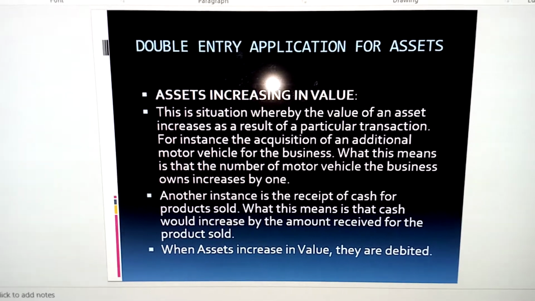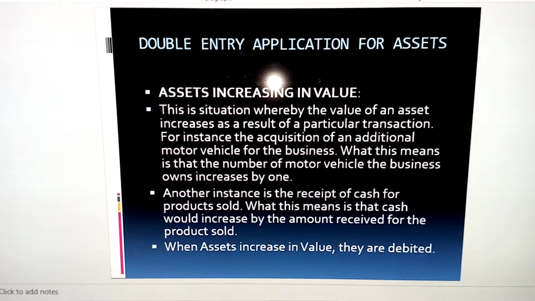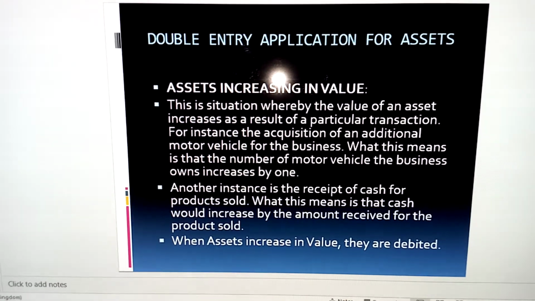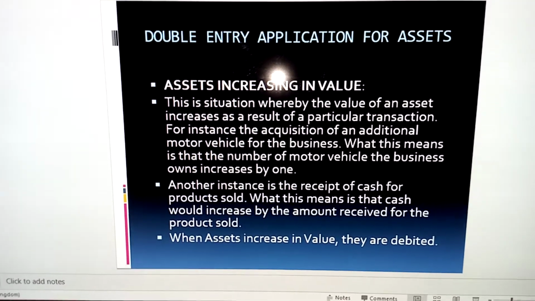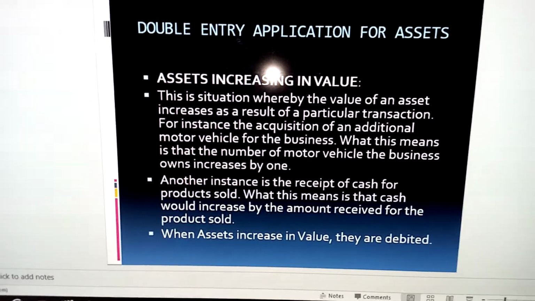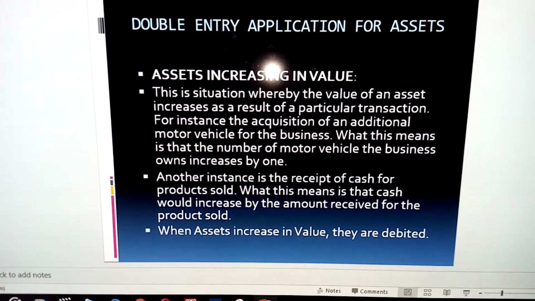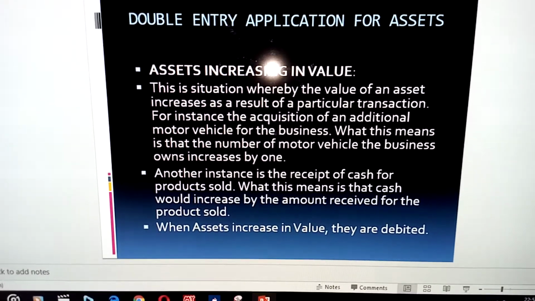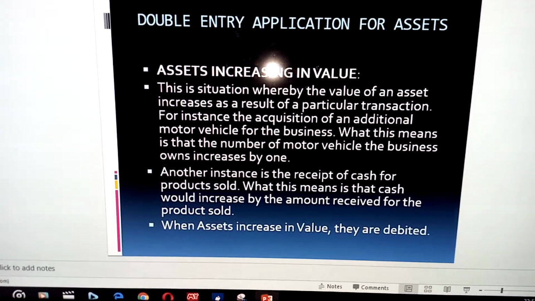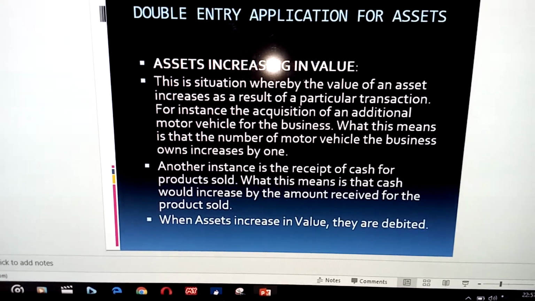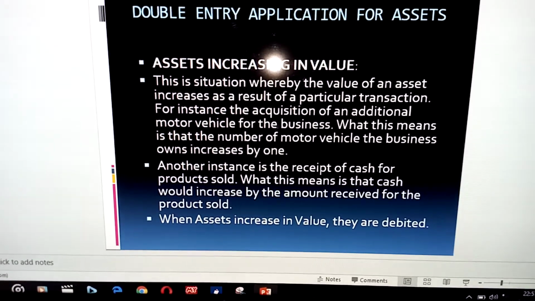is dependent on whether the asset is increasing or decreasing. Now, when we say asset increasing in value, we mean additional to what we already have. For instance, you have one vehicle. You bought another vehicle.